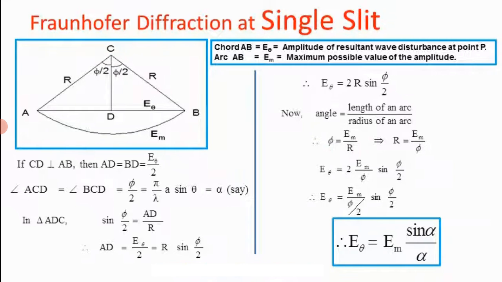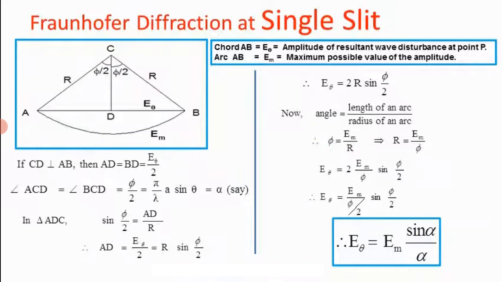If CD is perpendicular to AB, then AD is equal to BD is equal to E theta upon 2. Angle ACD is equal to angle BCD is equal to phi by 2, which is equal to pi upon lambda A sin theta, and this is denoted as alpha.